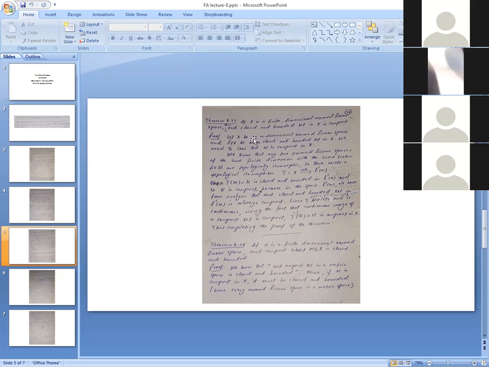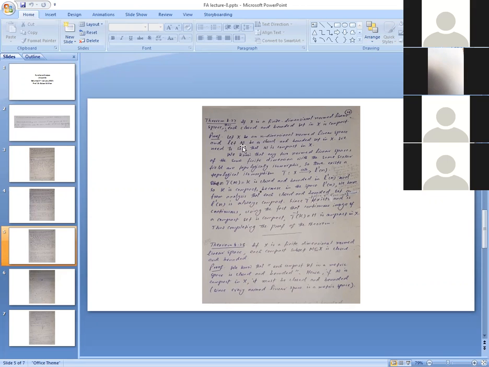As I said, we prove this result with the help of our previous known results. First, consider an n-dimensional nonlinear space X. That is, this X is a finite dimensional nonlinear space whose dimension is n.